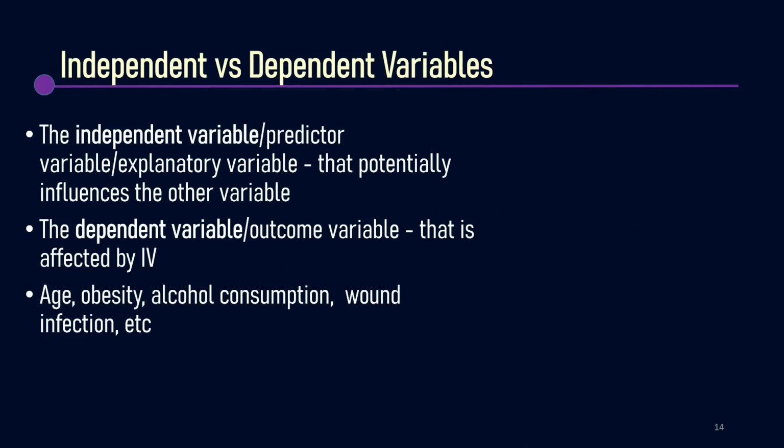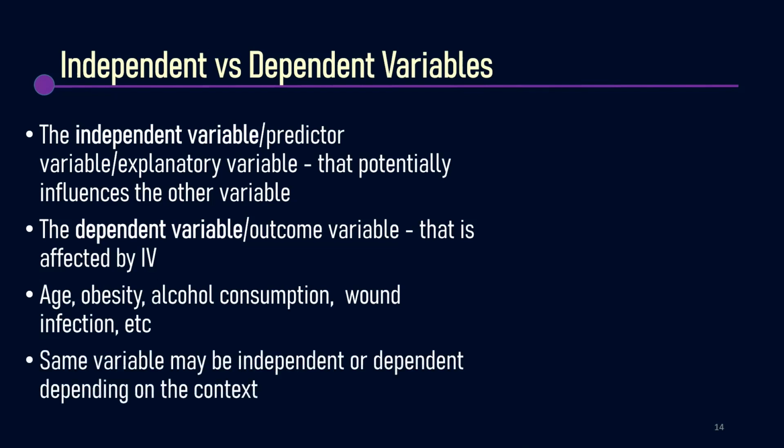Examples of variables we also discussed in the previous slides are age, obesity, alcohol consumption, wound infection, and many more. Please note that the same variable may be independent or dependent depending upon the context. It is up to the researcher to assign a variable as independent or dependent based on the research question.